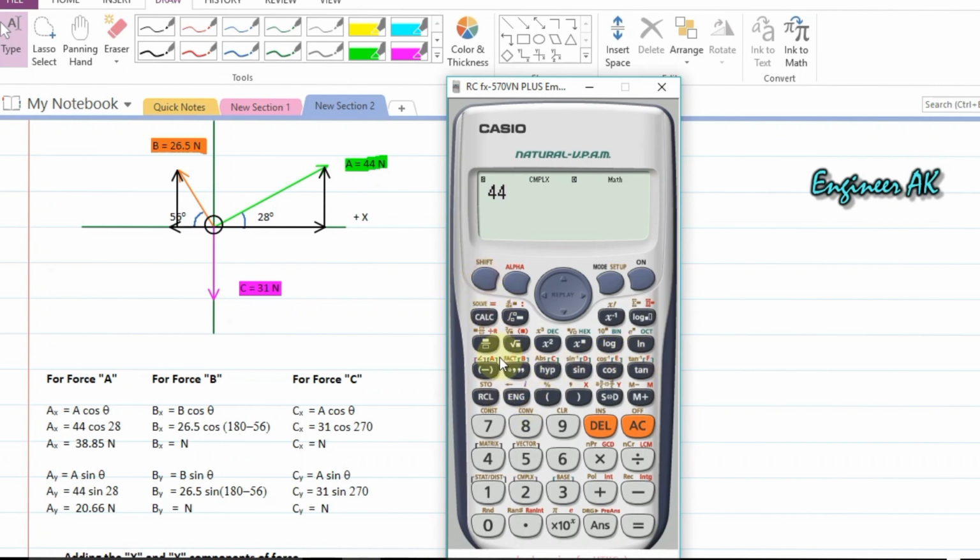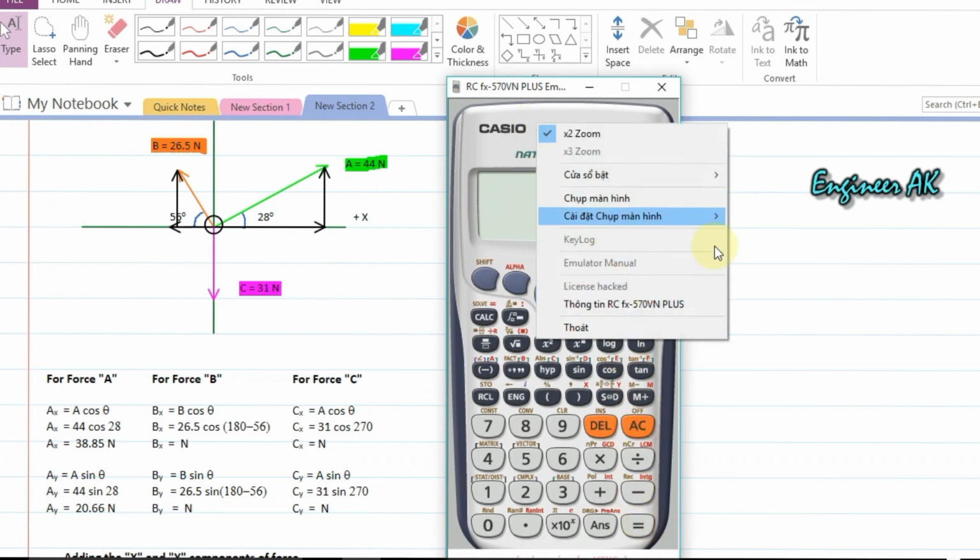So shift and this angle, and if I put the angle 28, here we go, 38.85, and for the y component 20.66. Through this you can also directly find the components of this force. Now let me clear it.